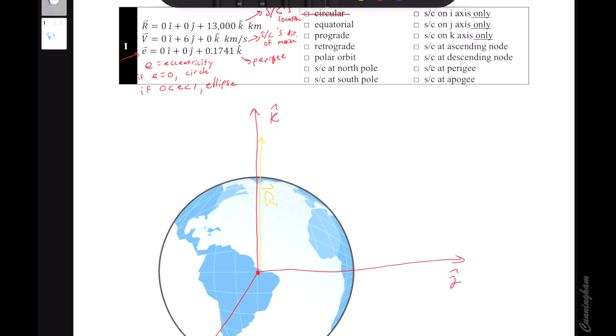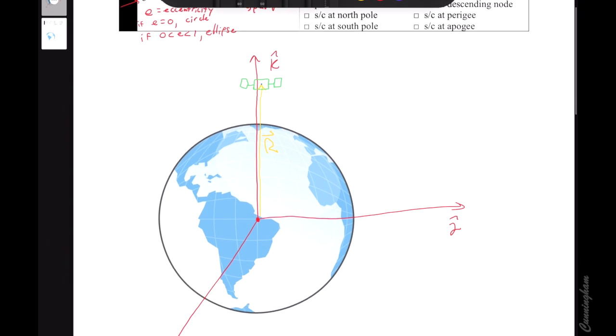Now remember, what is at the very end of the R vector? Well, it's my satellite. I'm going to draw my best satellite. That's a pretty good satellite. It's got little solar wings on it, solar panels. Okay, now let's draw the V vector. We drew the R vector pointing towards where the satellite is. Let's draw the V vector, which starts at the satellite and tells us which way the satellite is going.